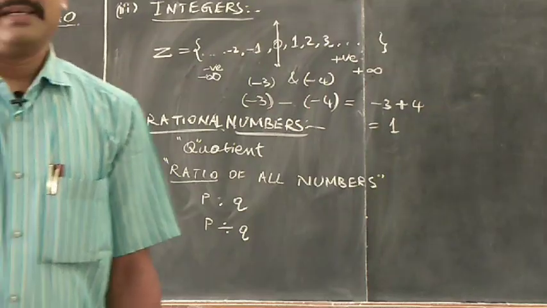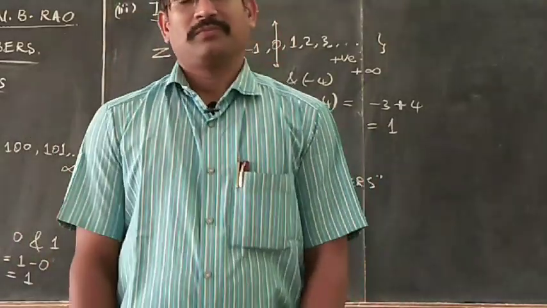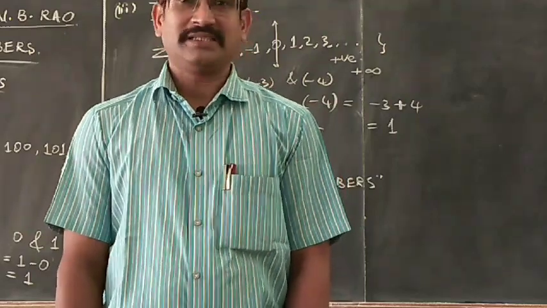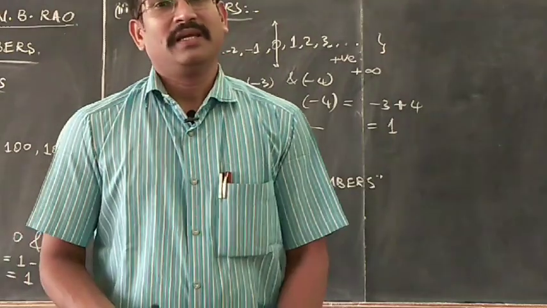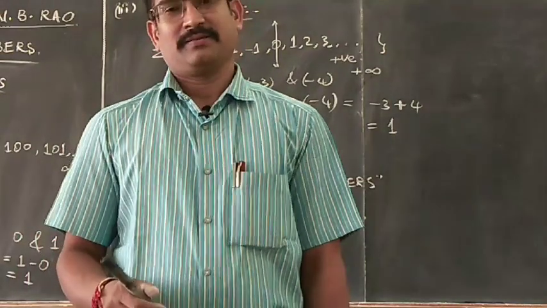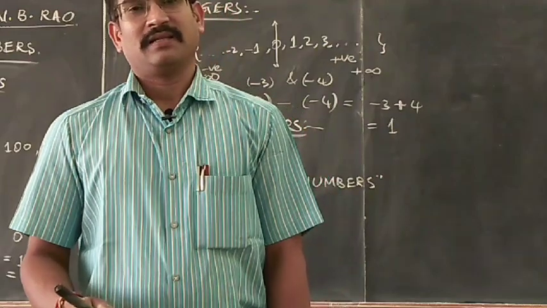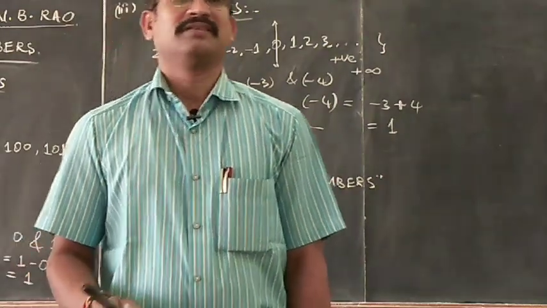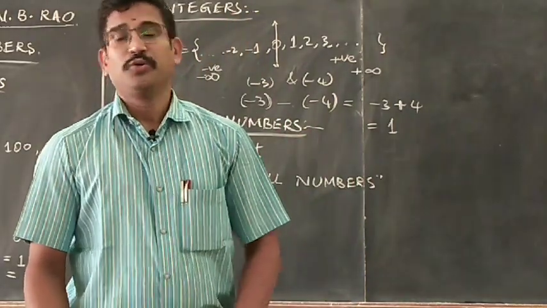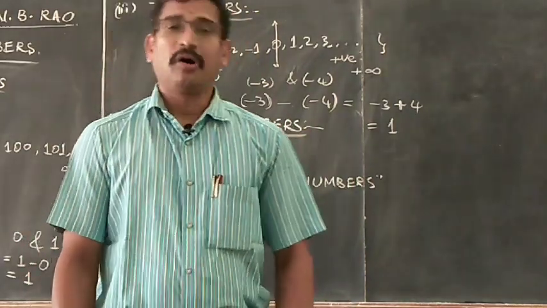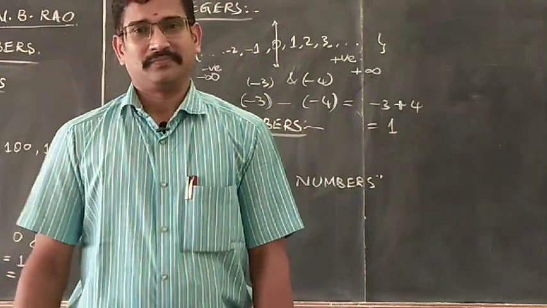Children, students, I expect from you today that whatever we have learnt is all written in classwork. That is, we have learnt today various types of numbers and there are some important properties, that is natural numbers and whole numbers, integers, rational numbers. You are required to write all these things in your classwork neatly.